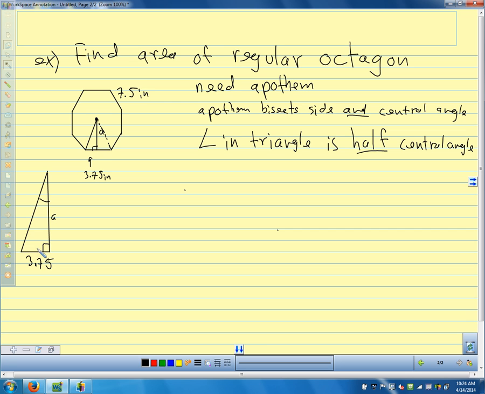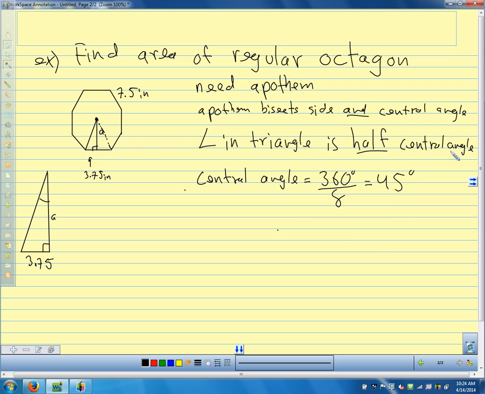Well, we also talked in our very first lesson about polygons, as a reminder. How do we find the central angle of a polygon? It's even easier than that: 360 divided by the number of sides. So to find the central angle, we just divide 360 by the number of sides. So our central angle is 360 divided by 8, which is 45 degrees.